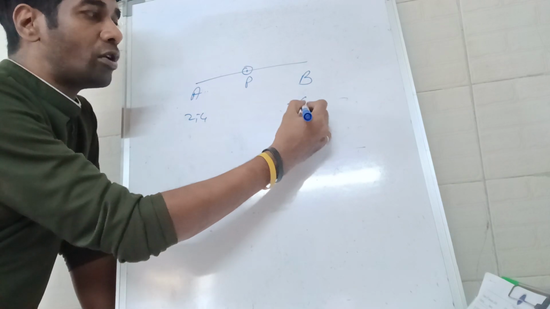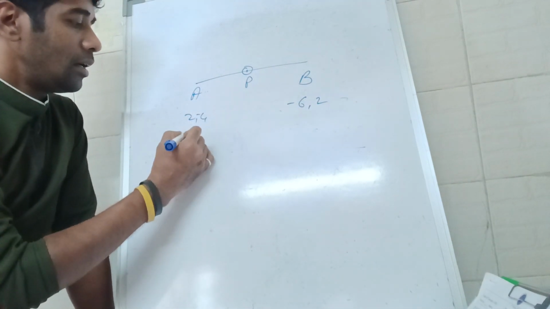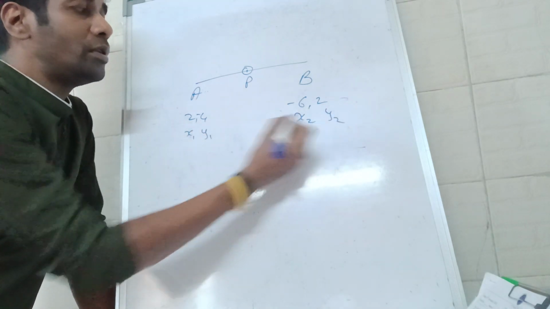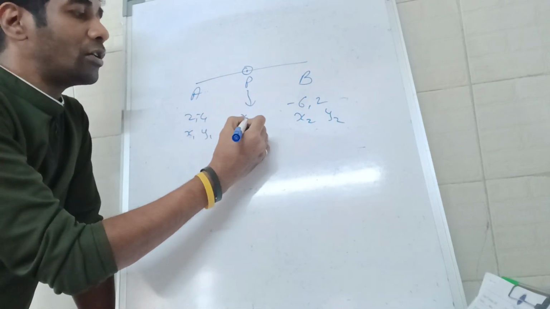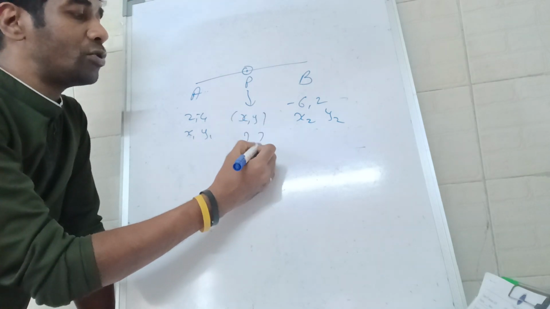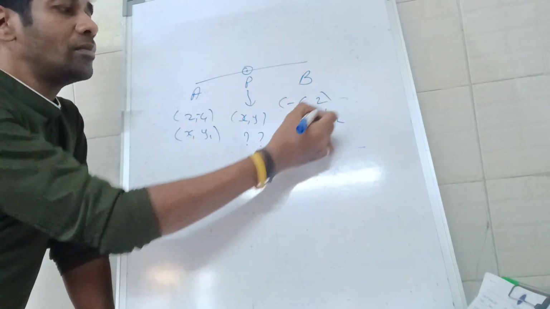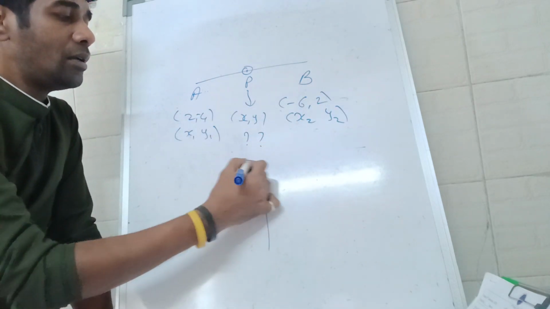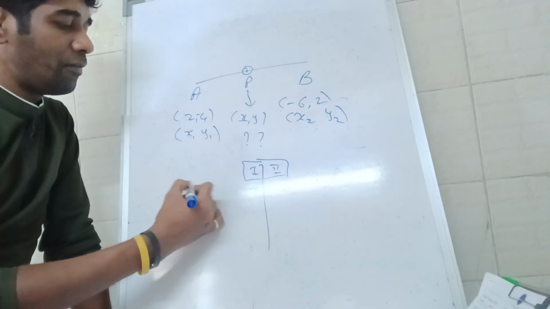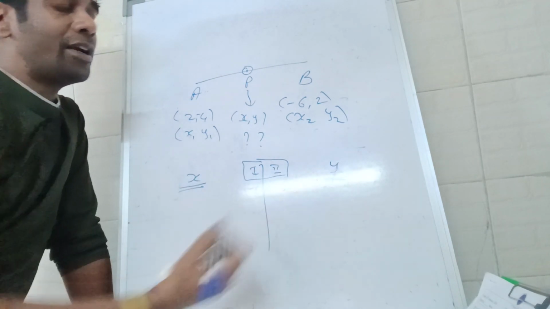B is (minus 6, 2). I name them x1, y1, x2, y2. Find the coordinates of point P, that is x and y. I have to find these two coordinates. Here I will find the x coordinate and here I will find the y coordinate.